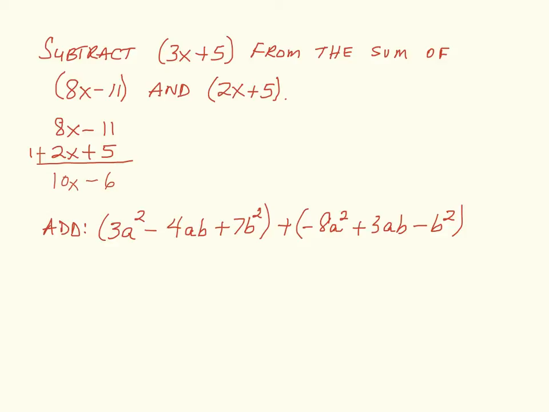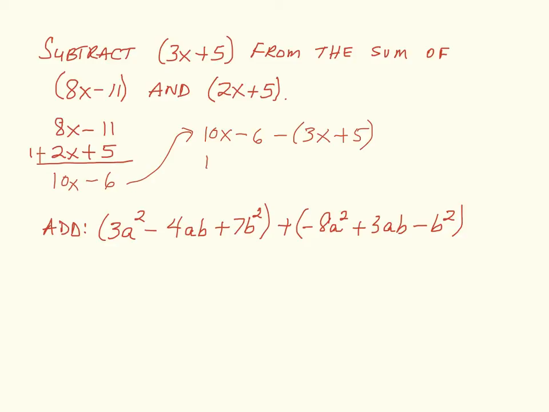Then we can subtract the 3x plus 5. So I have now 10x minus 6 minus 3x plus 5, because it says subtract 3x plus 5 from the sum of those two.